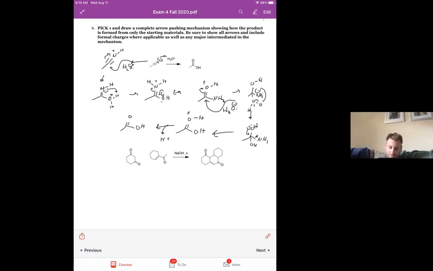All right, doing a Robinson annulation. We are going to pull off our proton. Attack our Michael acceptor.